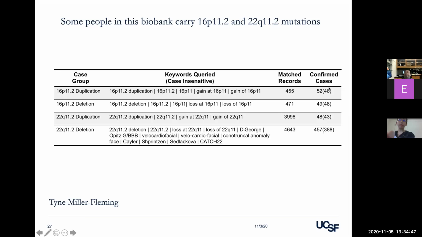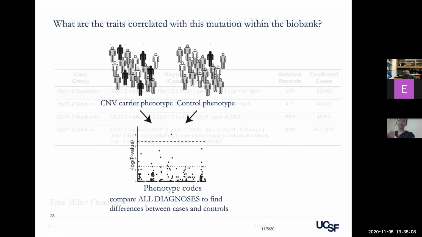We also separated out people who were and weren't genotyped. So within the 16p duplication deletion groups, there were 48 people that had these duplications or deletions but did not have genotypes. And so we want to separate out the genotypic and phenotypic analysis.